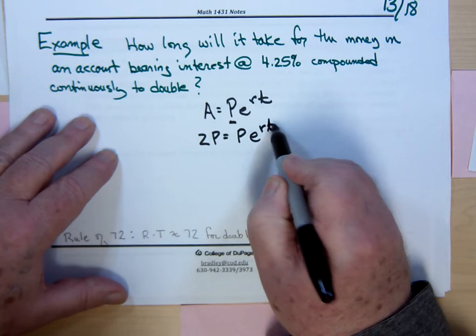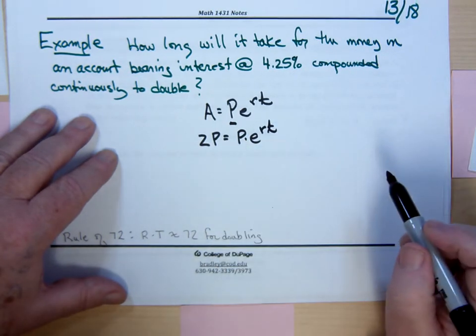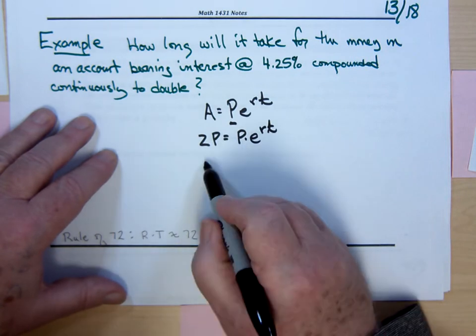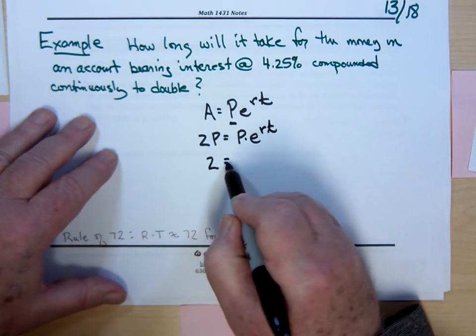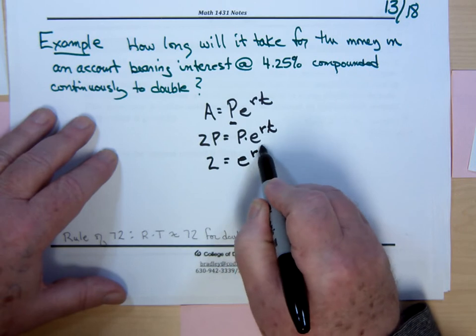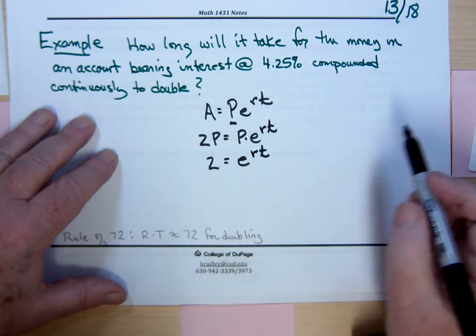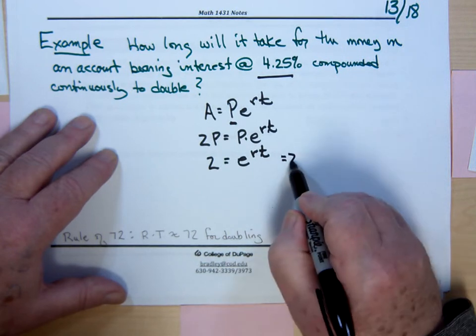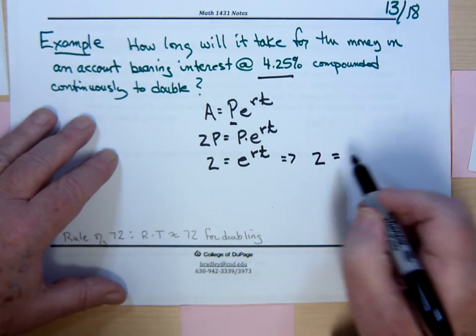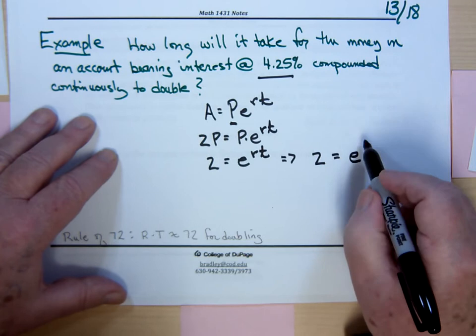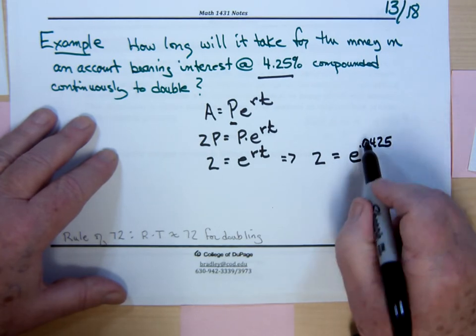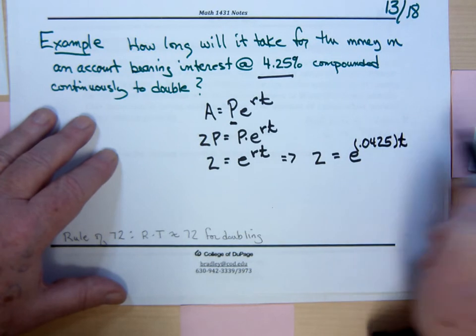Now this P is being multiplied by e to the RT, so I'm going to divide both sides by P, and I'm going to get 2 equals e to the RT. Now we know that R is this, so we really have 2 equals e to the 0.0425 times t. So this is the equation that we have to solve.